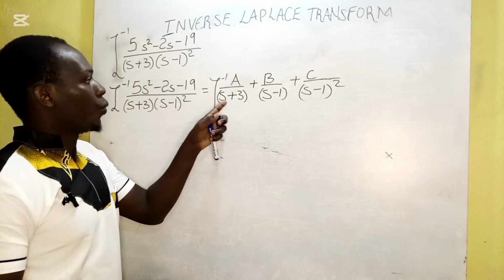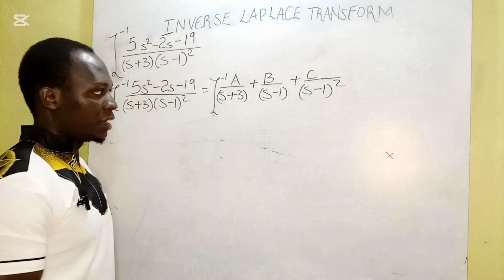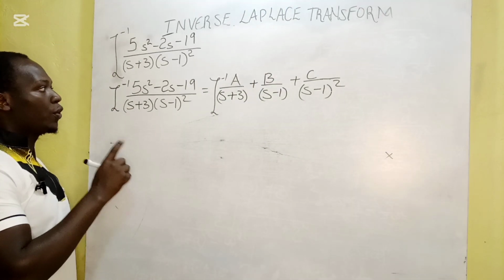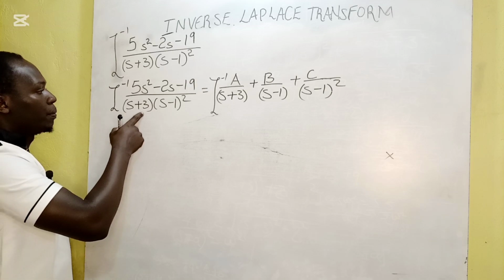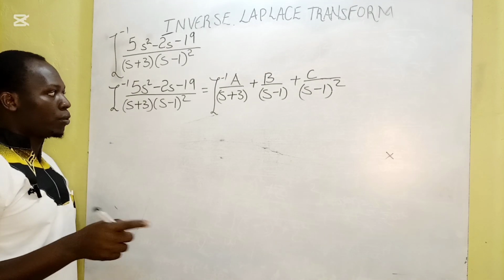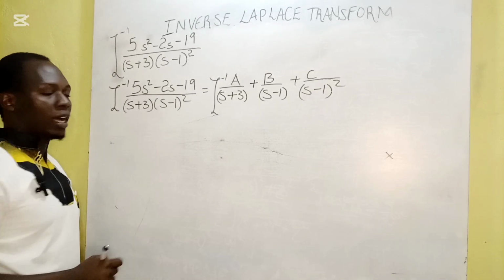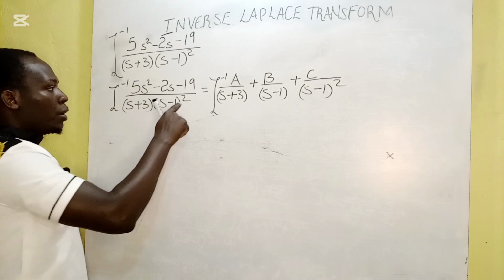Now we need to get the values of A, B, and C. In finding the value of A, we can use the cover-up rule. But here we cannot use the cover-up rule for the repeated root.